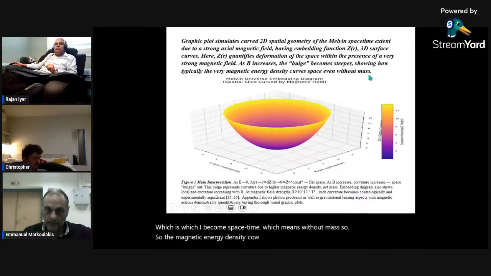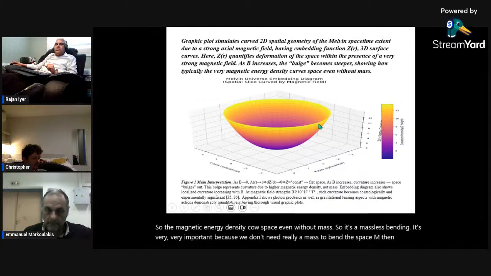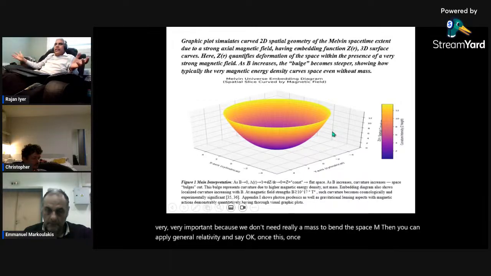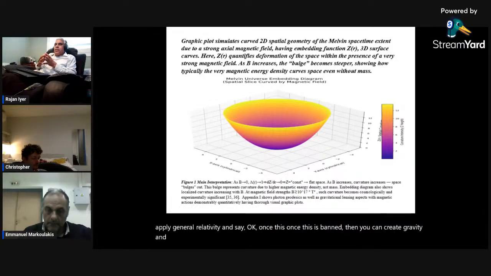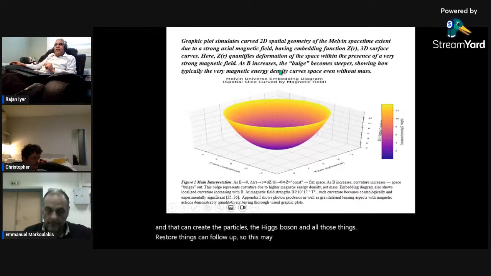It's a massless bending. It's very important because we don't really need mass to bend space-time. Then you can apply general relativity and say, once this is bent, you can create gravity, and that can create the particles, the Higgs boson, and all those things. The rest of the things can follow. So this may break the catch-22 conundrum.